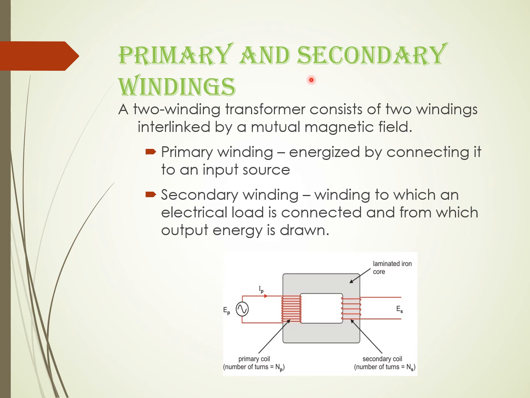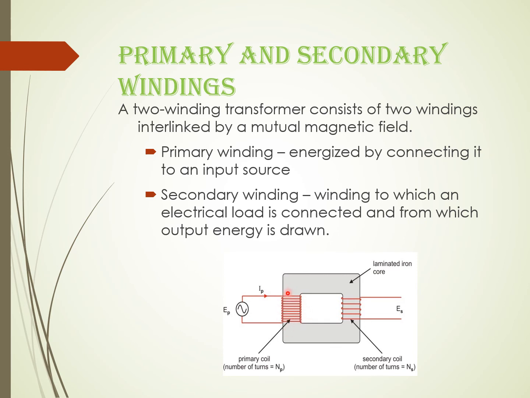Primary and secondary windings, we will try to understand. A two winding transformer consists of two windings, primary and secondary. They are interlinked by a mutual magnetic field. Primary winding, it is energized by connecting it to an input source. You can observe over here.